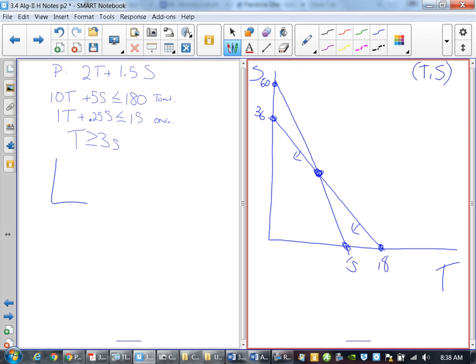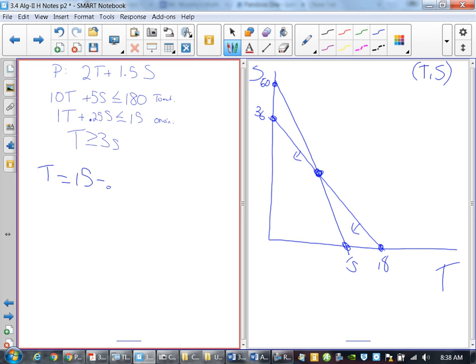We have this intersection point. 1 tomato equals 15 minus a quarter salsa. Is it okay if I use that as a substitution real fast? Yeah. Because what I want to do is find that point first before I plot this one, because it'll help me figure out whether my line is going to be above it or below it. So 1 tomato is 15 minus 0.25 salsa.